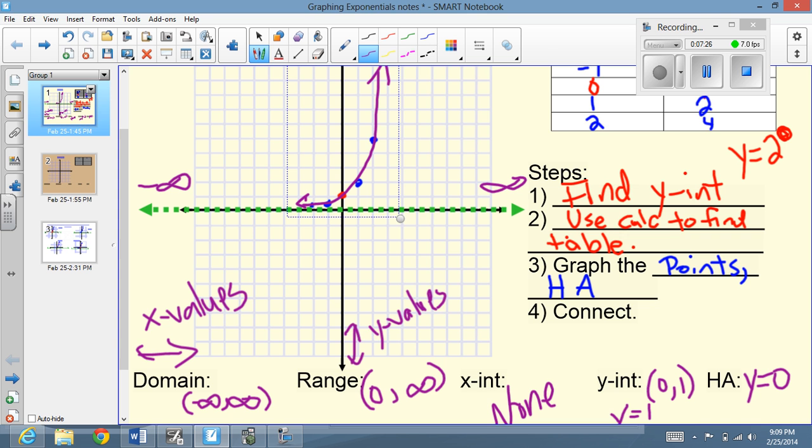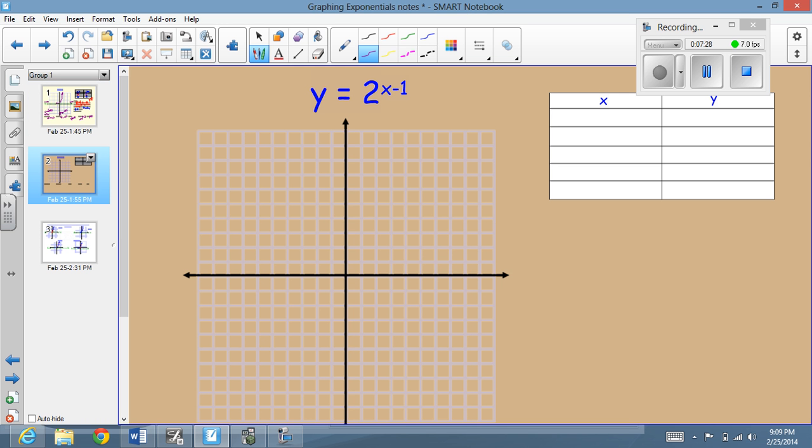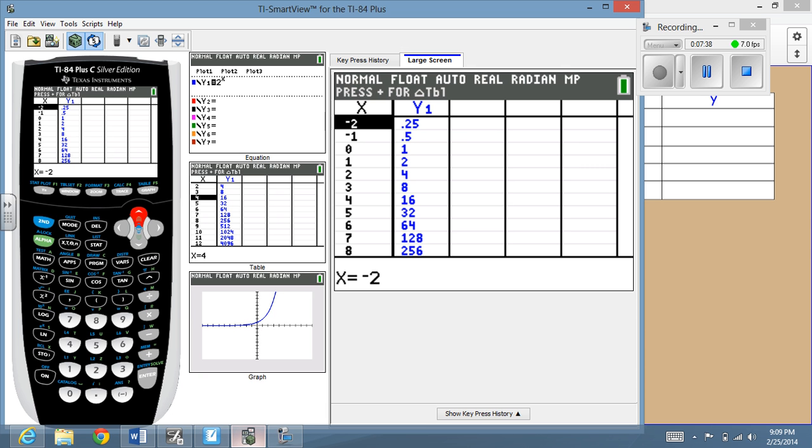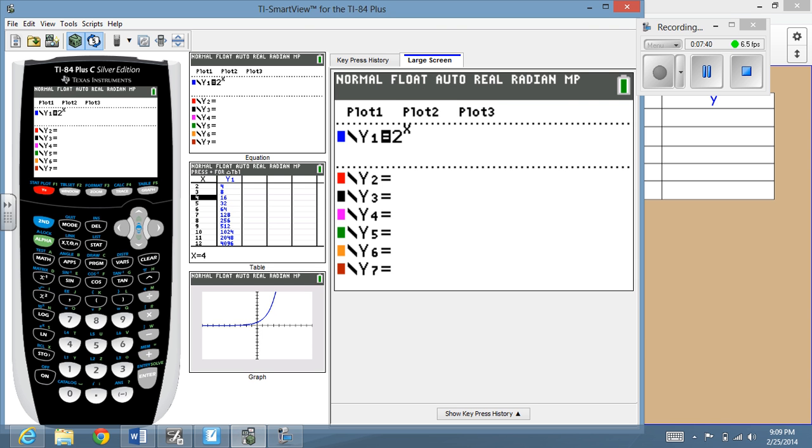Okay, next example. Now we have y equals 2 to the x minus 1. So I'm going to grab my calculator. It's very similar to what I already have in. 2 to the x, but instead of just x, I'm going to do x minus 1.